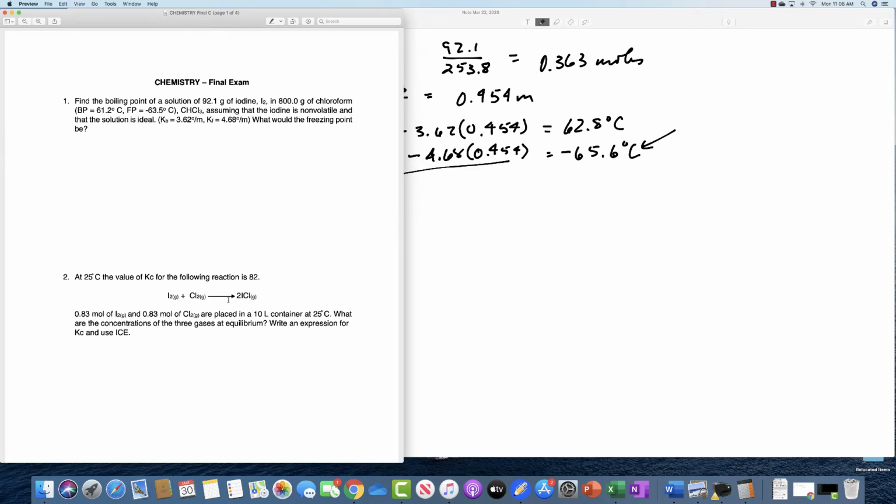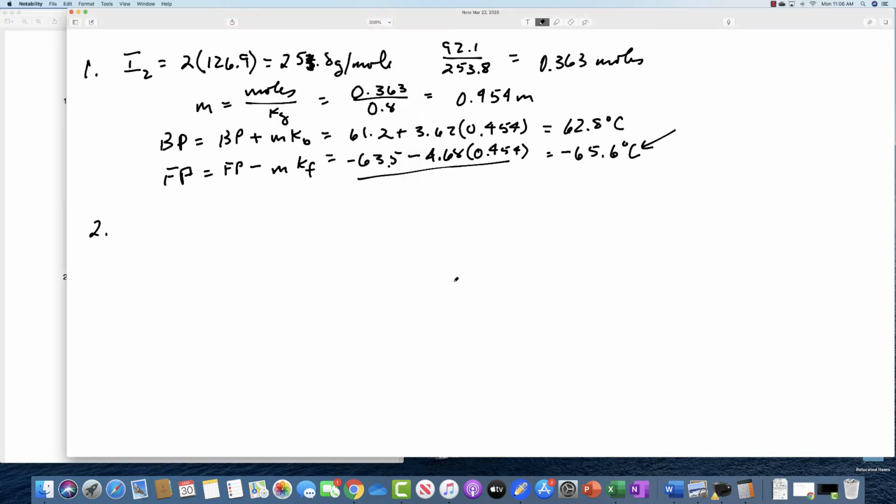Okay? And so one mistake that was made is people forgot to divide by 10. So first of all, you have I2 plus Cl2 is equal to ICl, and the equilibrium constant K is going to equal the concentration of ICl squared divided by I2 times Cl2.